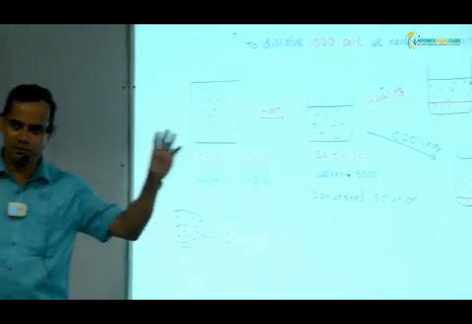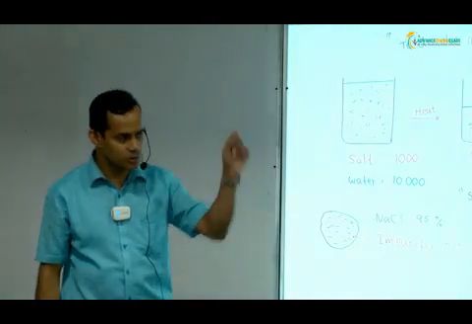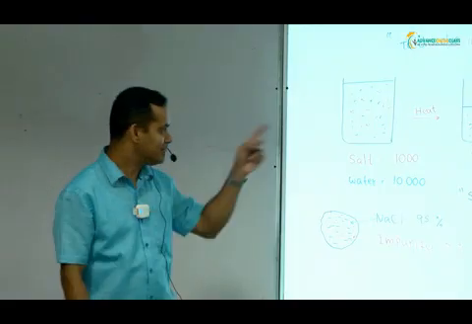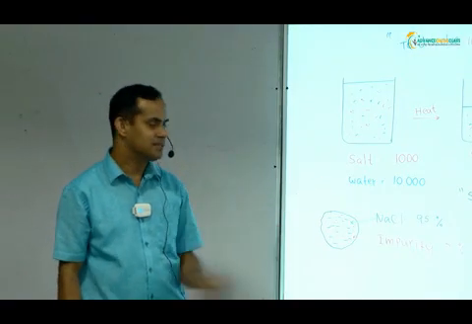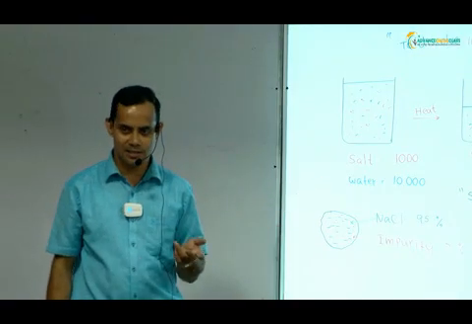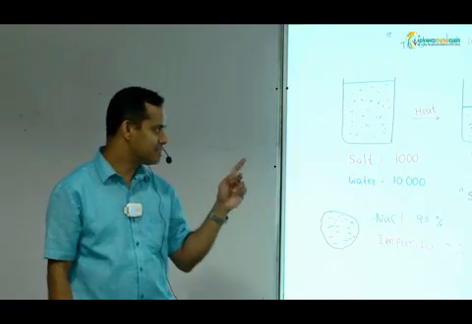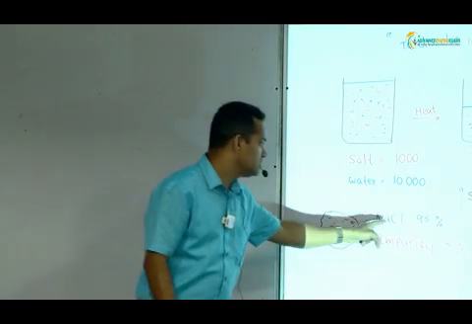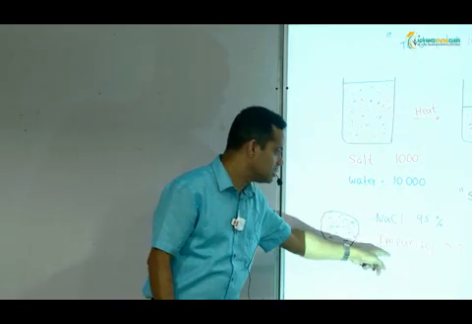Now it's a saturated warm solution. When we cool this, exactly like last time, crystallization occurs. It is called recrystallization. But this time these crystals are only with this one, not with this one.